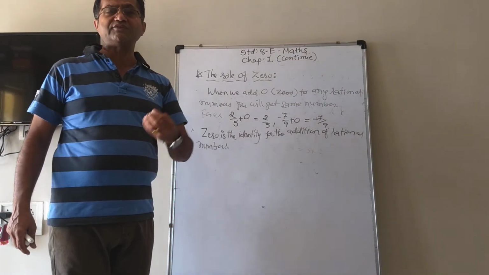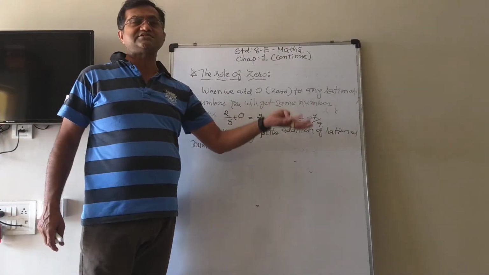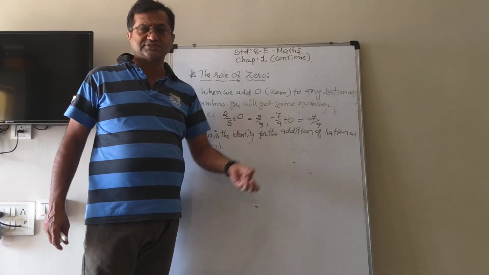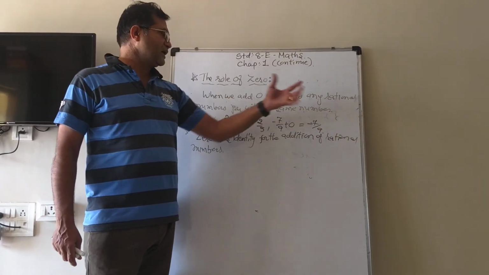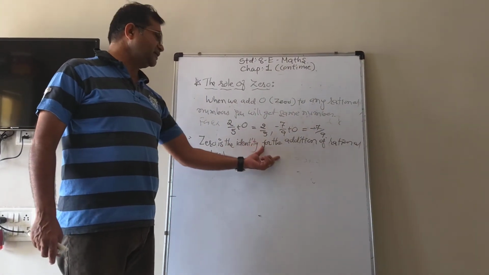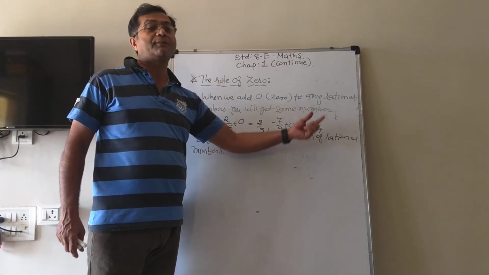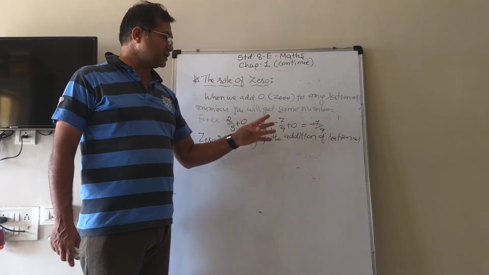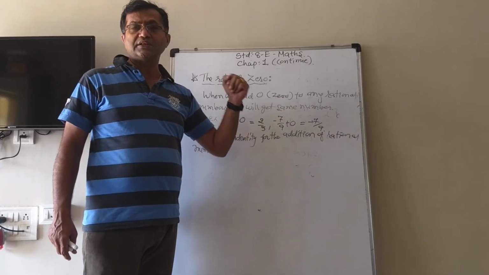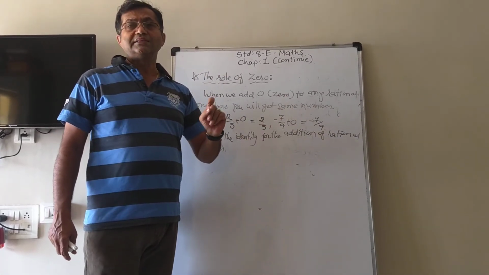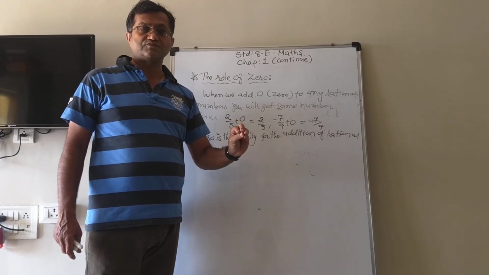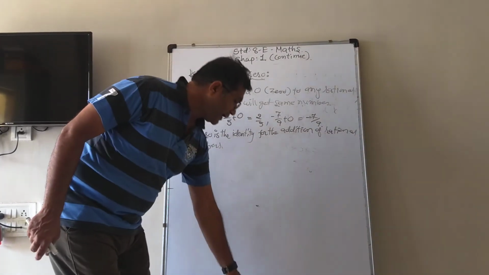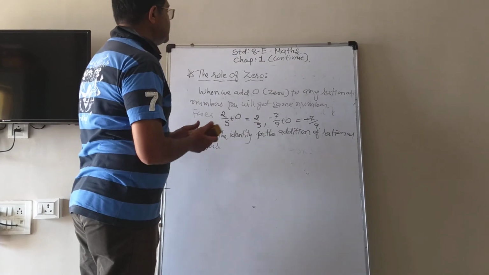You know about the natural numbers and the whole numbers and integers. So the same thing here also, that 0 is the identity for the addition of rational numbers. Why is it the identity? Because when we add 0 to any number, the number does not change. So it is the identity of the addition.